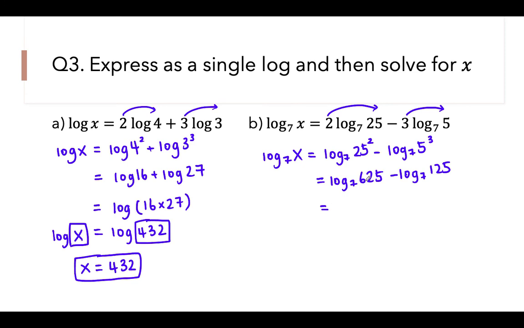So therefore, I'm going to use the logarithmic law: log_7 of 625, because it's minus, I'm going to divide by 125. So this is equal to 5.